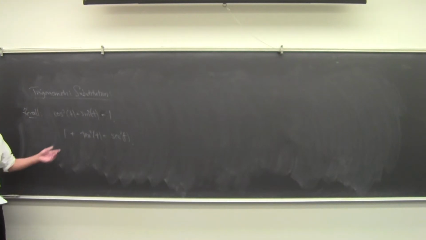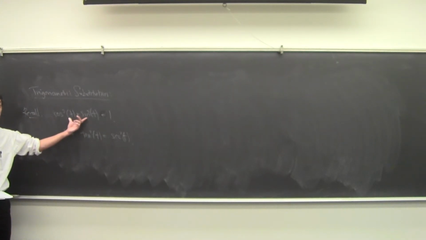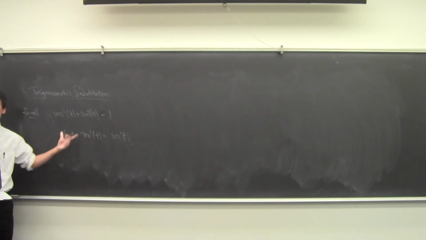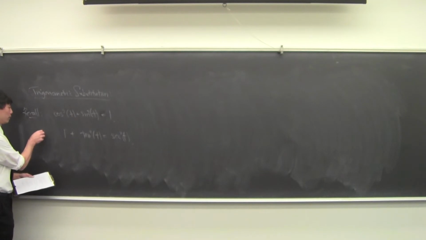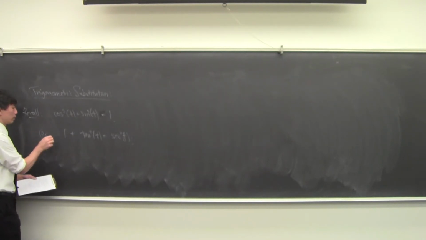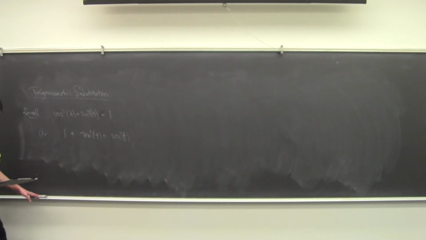So we also have this Pythagorean identity. Just divide the whole identity by cosine squared. So 1 plus tangent squared is secant squared.